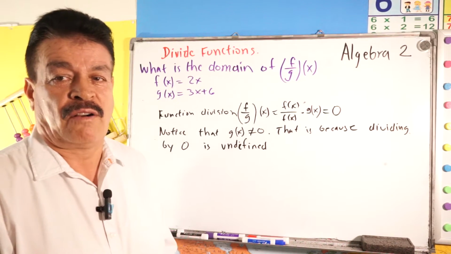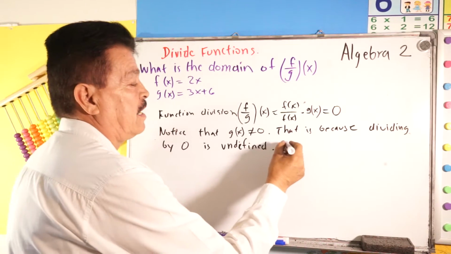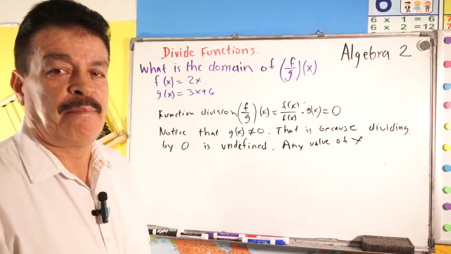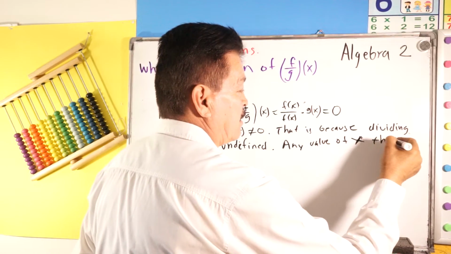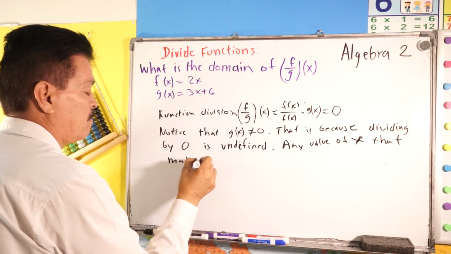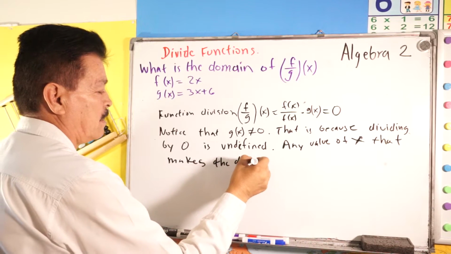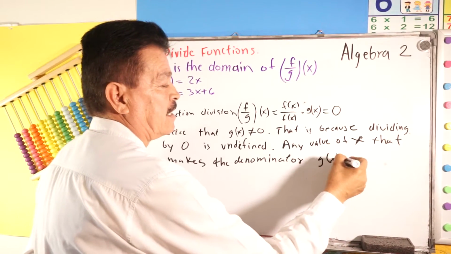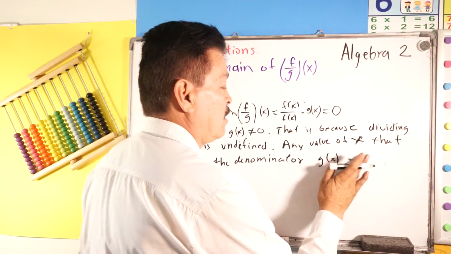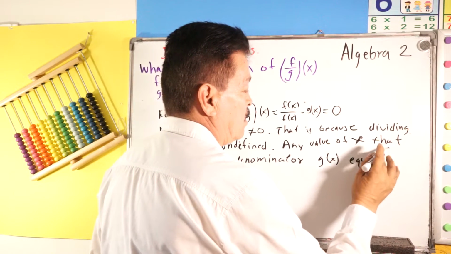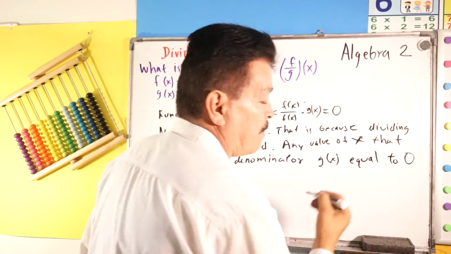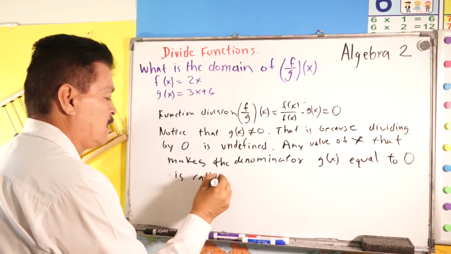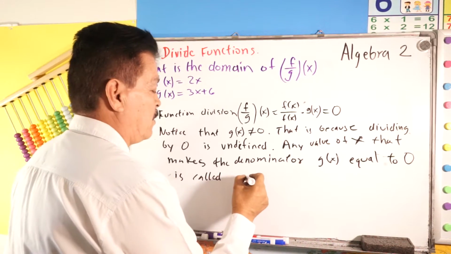So any value of x that makes the denominator g(x) equal to 0 is called an excluded value.